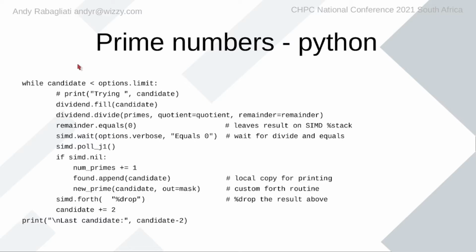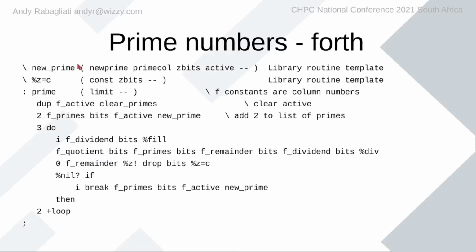This can also be slow because the Python on the Raspberry Pi is doing some other work, and the serial interface and the non-pipeline nature of the communications means that I also wrote it in Forth. So now here's a prime number algorithm which is running directly on the sequencer itself, and this runs a great deal faster than the one orchestrated by the Raspberry Pi.